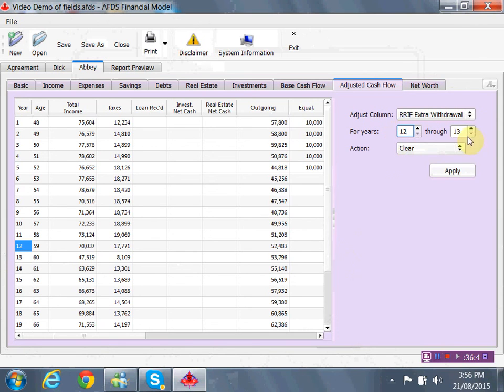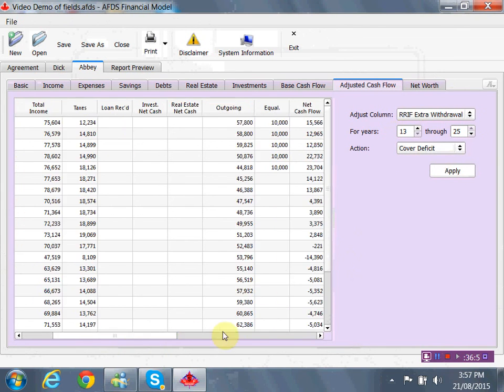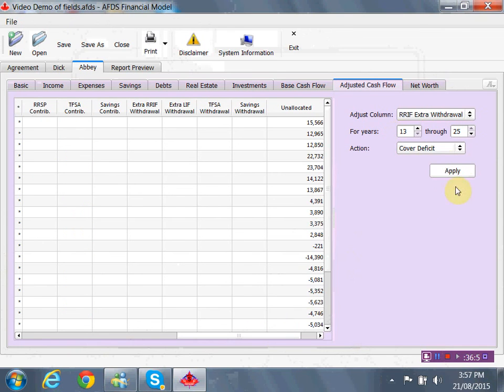So you enter that year and then to the end, and potentially cover the deficits, apply, and sometimes you wind up hitting apply till this ends, so it shows you those extra RIF withdrawals, which almost brings her to a good position.